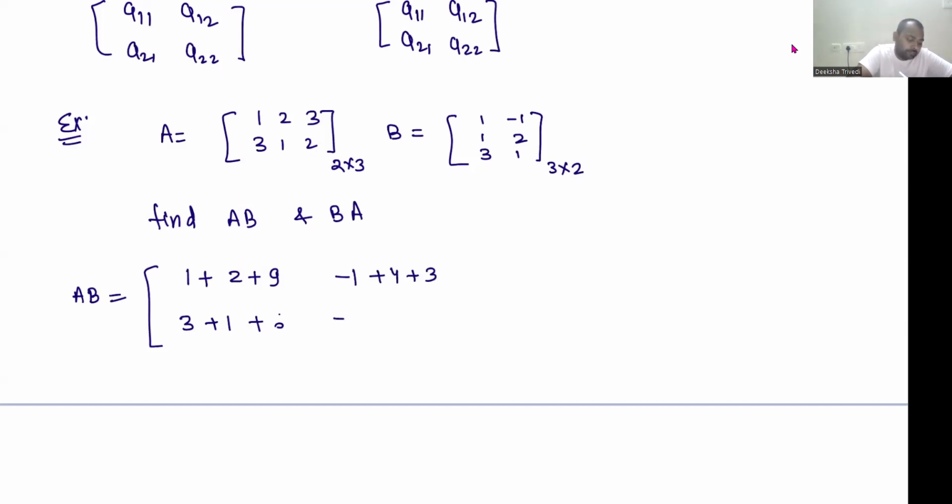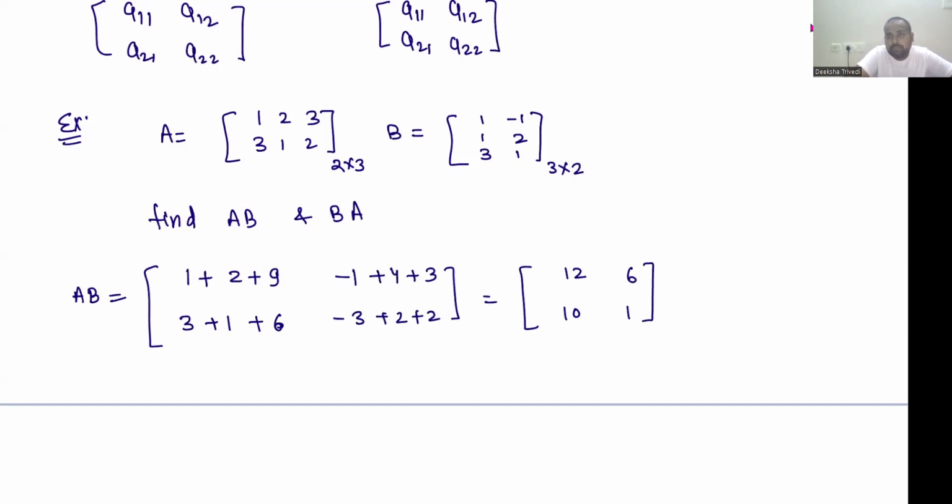Minus 1 into 3 is minus 3. 2 into 1 is 2. And what is the answer for AB we have? 12, 6, and this element 10 and 1. Check.